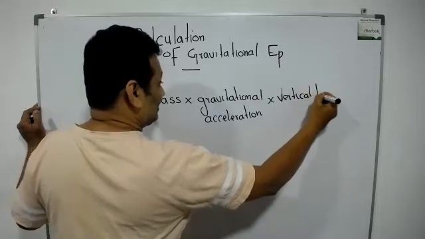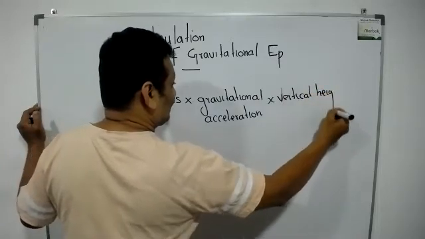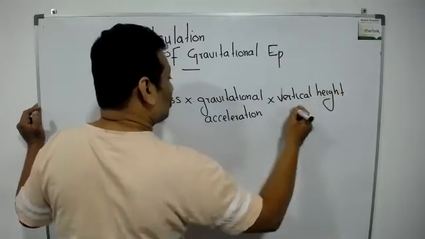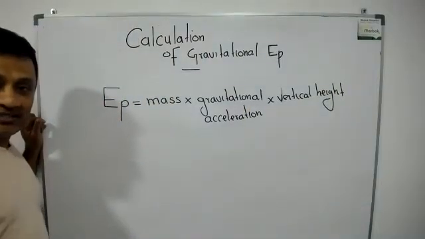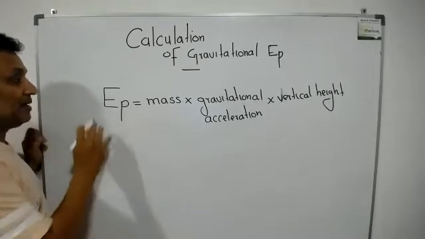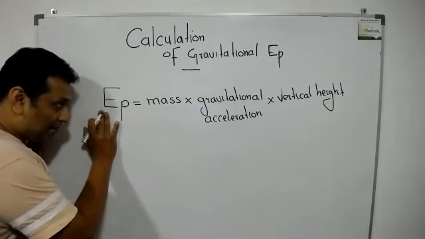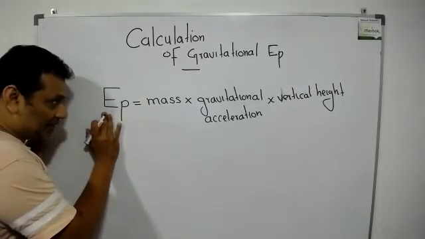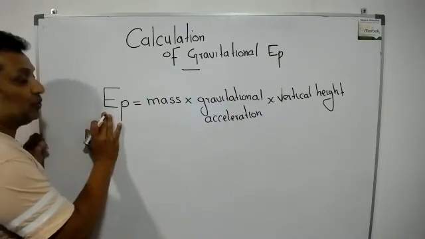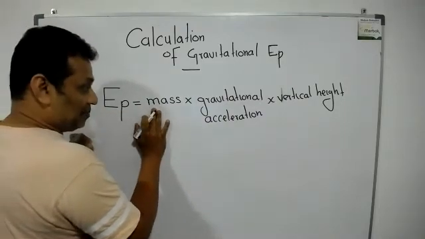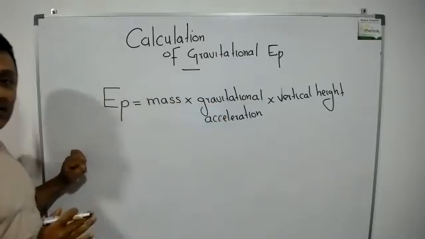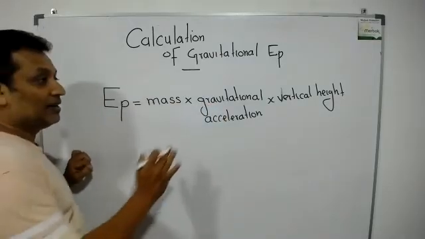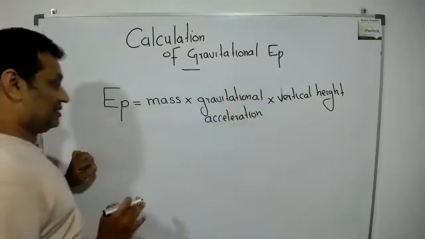They used to call it height, but better you take it as vertical height. So what is the formula? Potential energy equals mass multiplied by gravitational acceleration multiplied by vertical height.